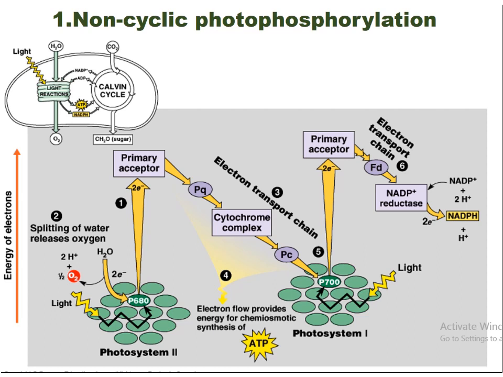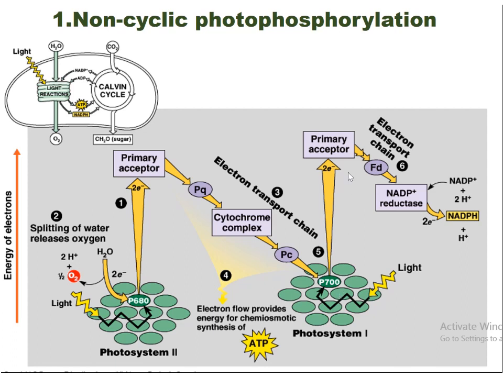So see, the plastocyanin passes its 2 electrons here, and then when the light of 683 nanometer wavelength falls here, it becomes supercharged, and then it expels its 2 electrons again.